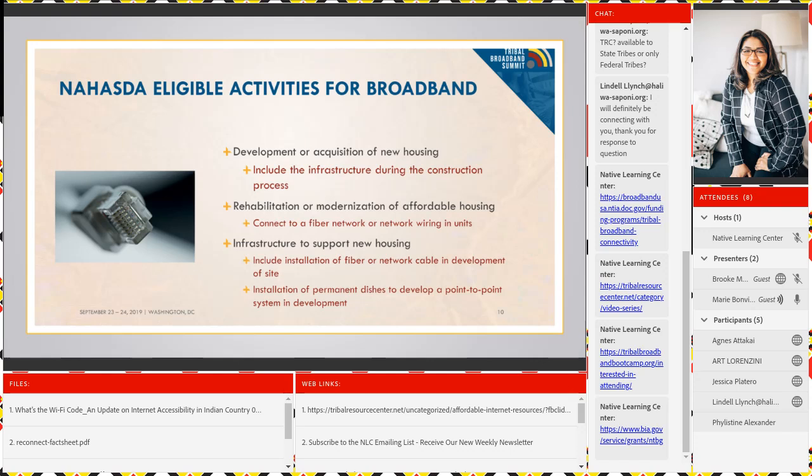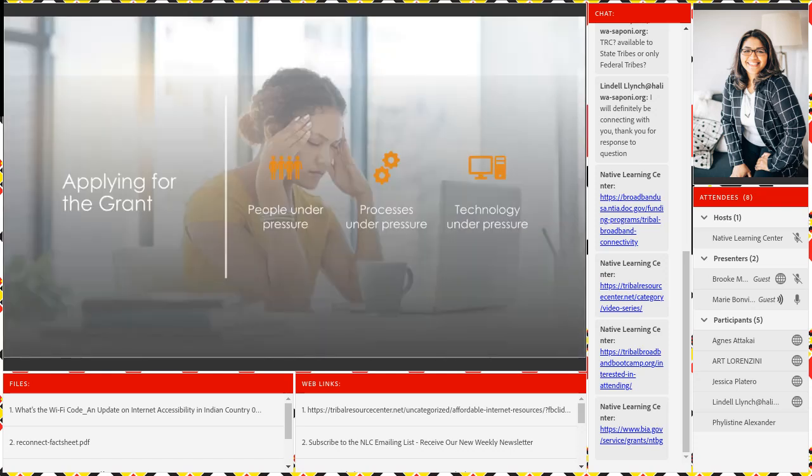Infrastructure to support new housing includes installation of fiber or network cable in development of the site and installation of permanent dishes to develop a point-to-point system in the development. As Brooke mentioned before, that water tower that's already there, pointing it back to your affordable housing development, would be the perfect or classic example.